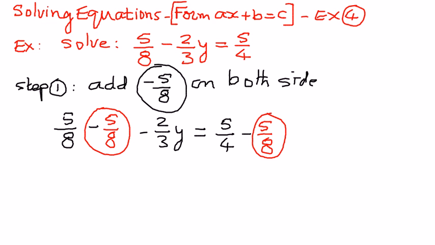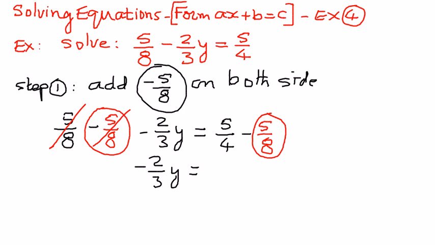And I'm going to put a circle around it. Now we have positive 5 over 8 and negative 5 over 8. These cancel out, leaving us with negative 2 over 3y on the left hand side.